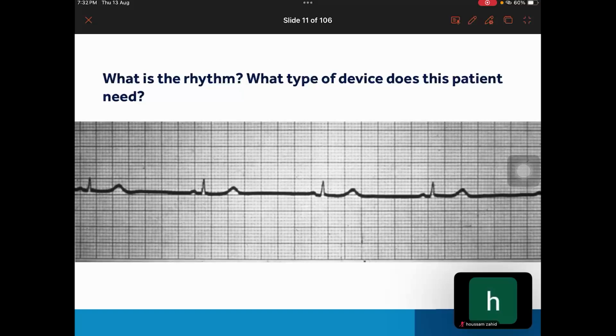Or in other companies, like St. Jude and Boston, we will increase the AV delay and activate another feature, like VIP or Rhythm Plus, to promote intrinsic conduction. But anyway, he needs pacing mainly in the atrium, and he also needs rate response.